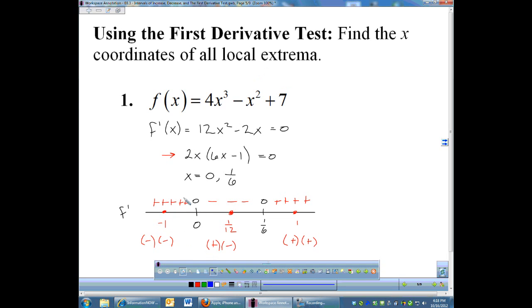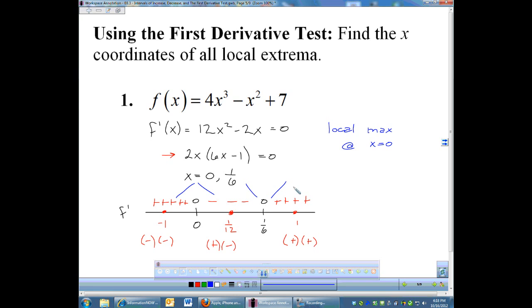Since my derivative changed from positive to negative, my function goes from increasing to decreasing, so there's a local max at x equals 0. And at 1/6, my derivative goes from negative to positive, so my function goes from decreasing to increasing.